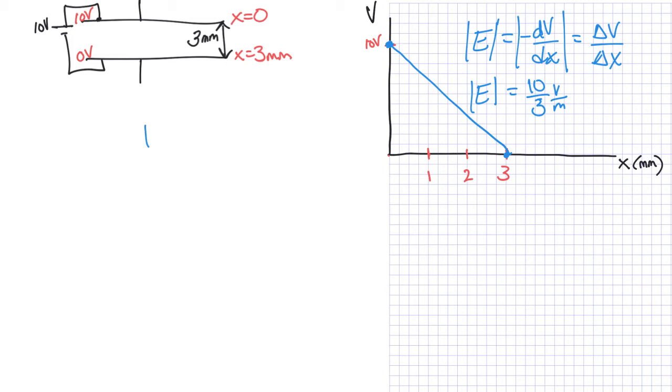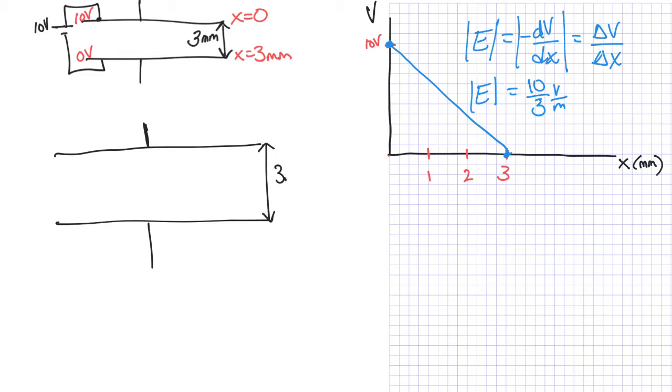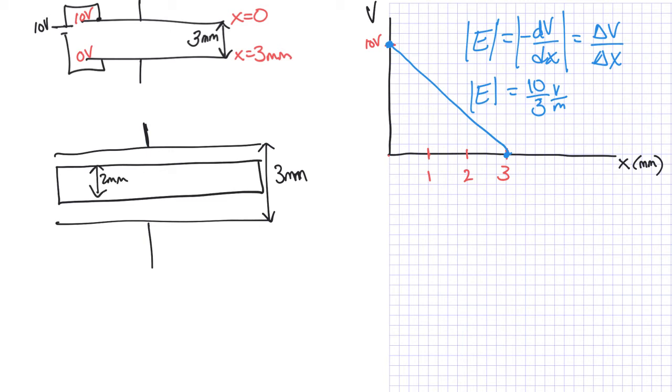Now, let's look again. Oops, I'm still in blue. I wanted to do black. So now let's do this again. This is 3 millimeters. And then they threw a 2 millimeter slab in here, and it was metal, right?